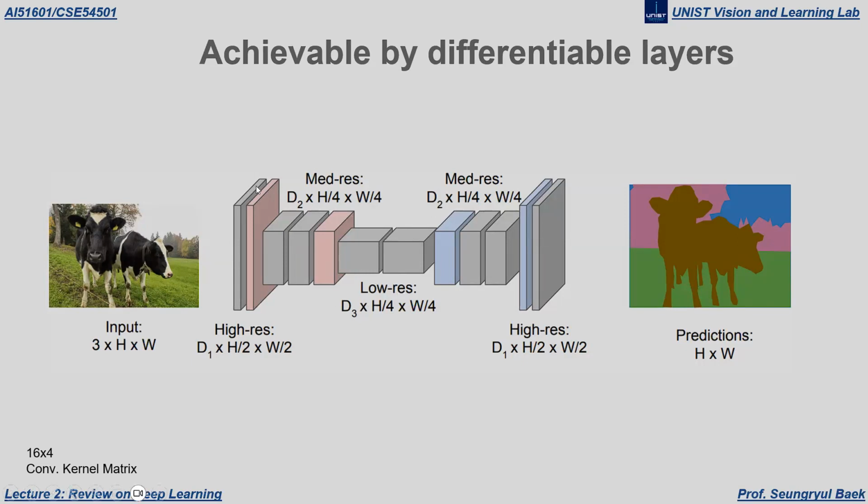So in the first part, in the pink boxes, we use the convolutional layers. But in the later part, we use the transposed convolutional layer to upsample the signals. This is the frequently used encoder-decoder structure. Maybe some of you are already using it.